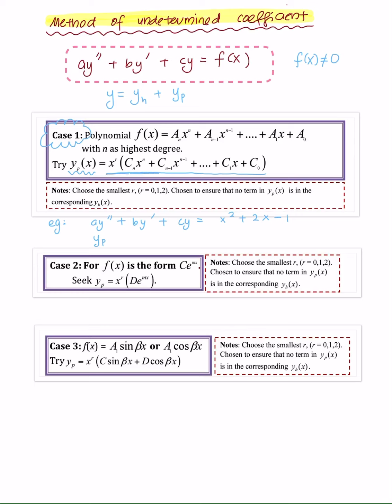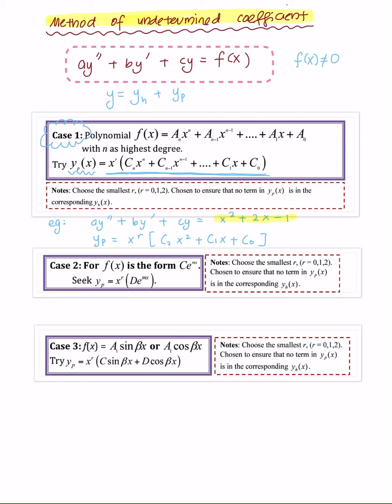We look at our polynomial, x squared plus 2x minus 1, so yp is x to the power of r times (c2 x squared plus c1 x plus c0). So it will be like this.